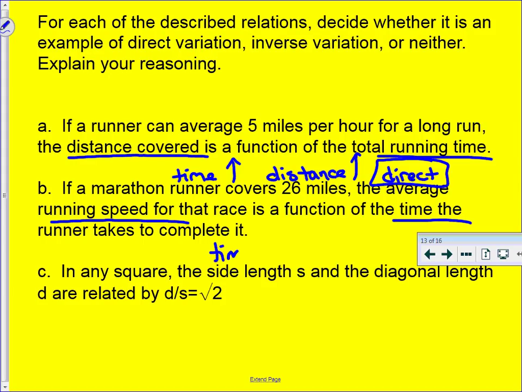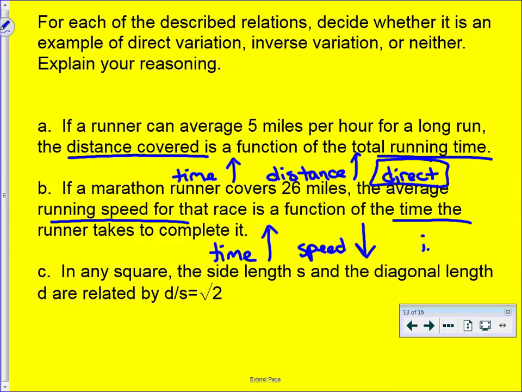I know this isn't maybe 100% true because you have some really fit people, but typically the longer you run, what happens to your speed? Unless you're Mr. V, your speed would obviously go up. But in any normal situation, your speed is going to go down the longer you run. So in this case, we have an inverse variation.